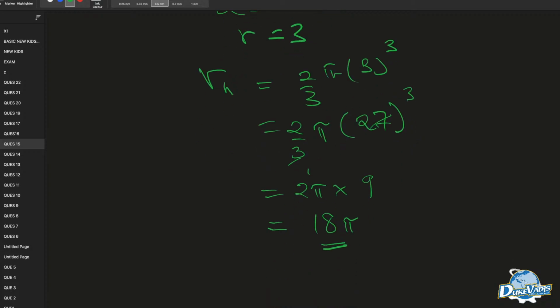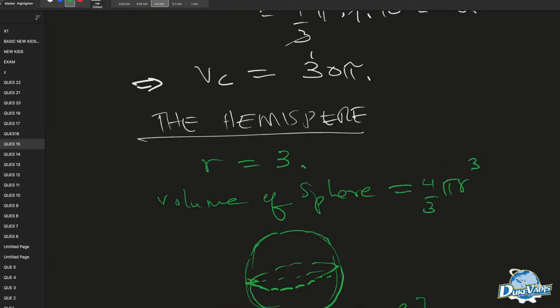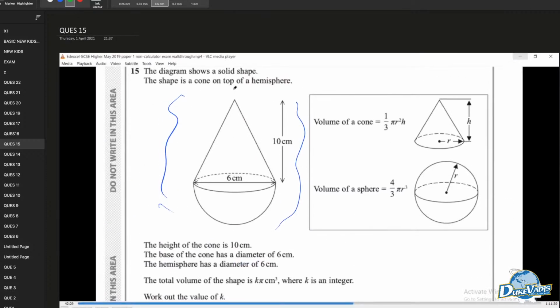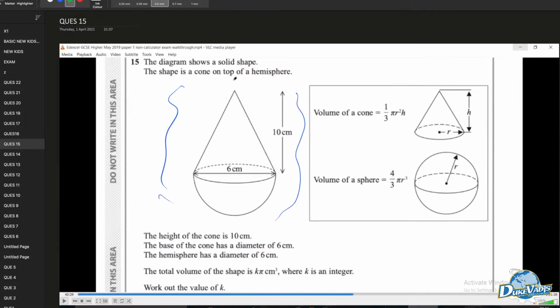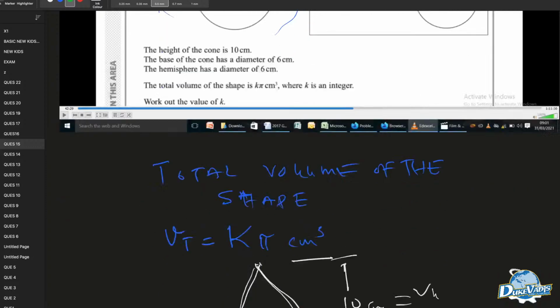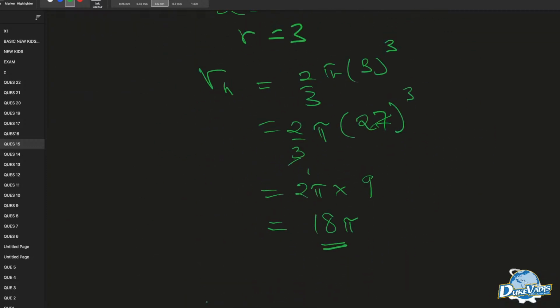Okay, since we know the V, he said we should find the total volume of the ship is K, where we should find the value of K. So since now we know K pi, our K pi is equals to 18 pi plus 30 pi.